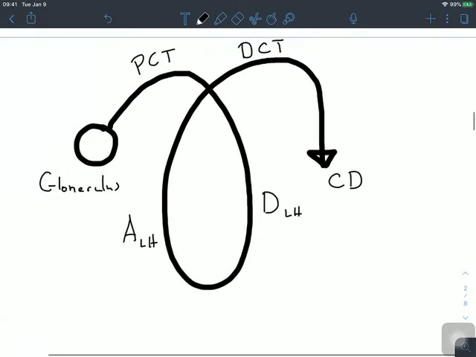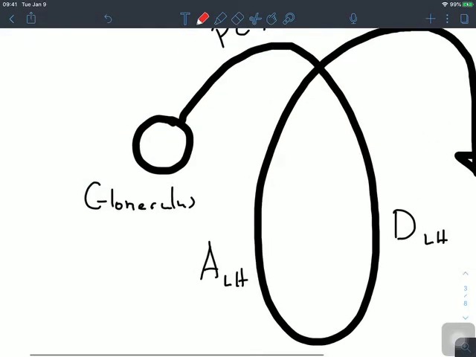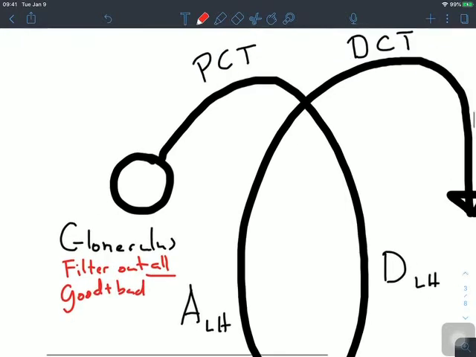So a little bit of acronyms there to help simplify this drawing. The role of each of these is going to be shown in red. The glomerulus is going to filter out all the good and the bad to generate your filtrate.